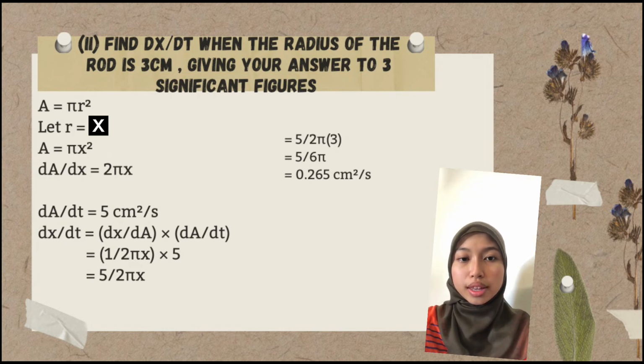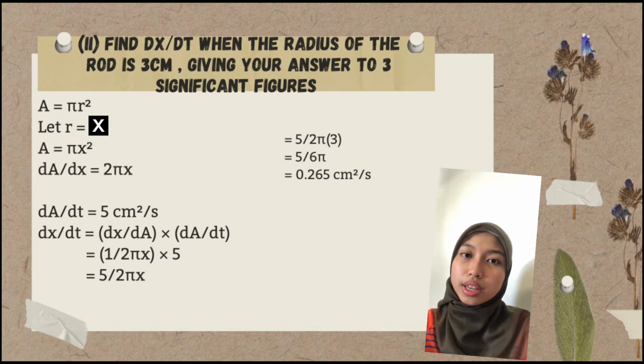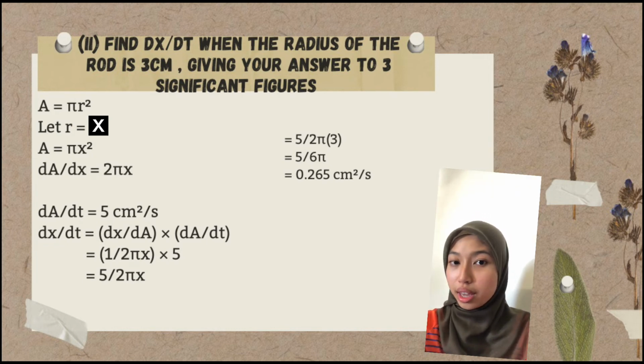So, A equals pi r squared, let r equal x. A equals pi x squared. When we differentiate, it will become dA/dx equals 2 pi x.